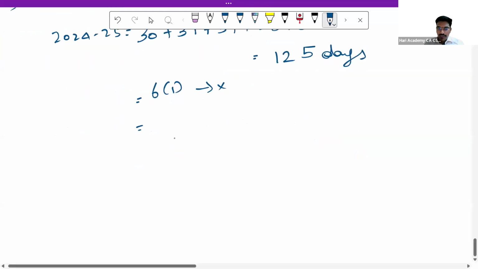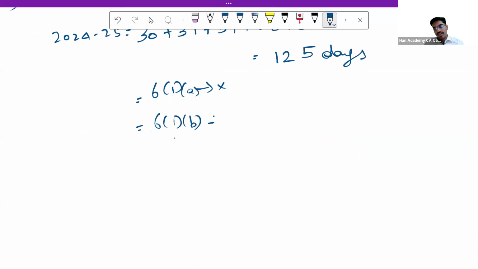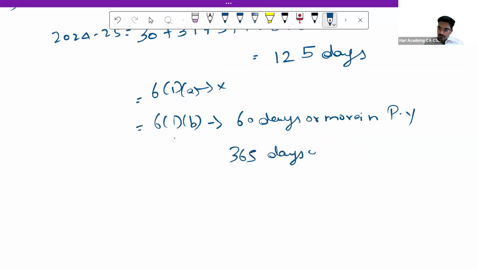6.1b says 60 days or more in the previous year, and 365 days or more in the preceding 4 previous financial years.